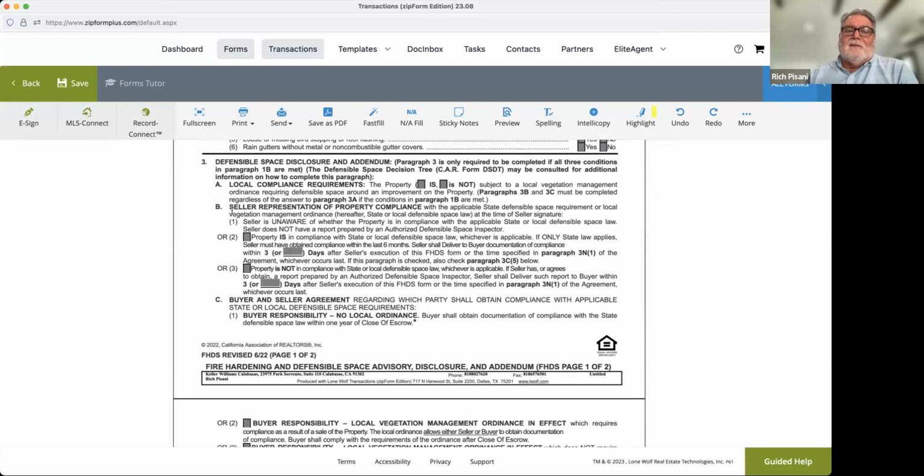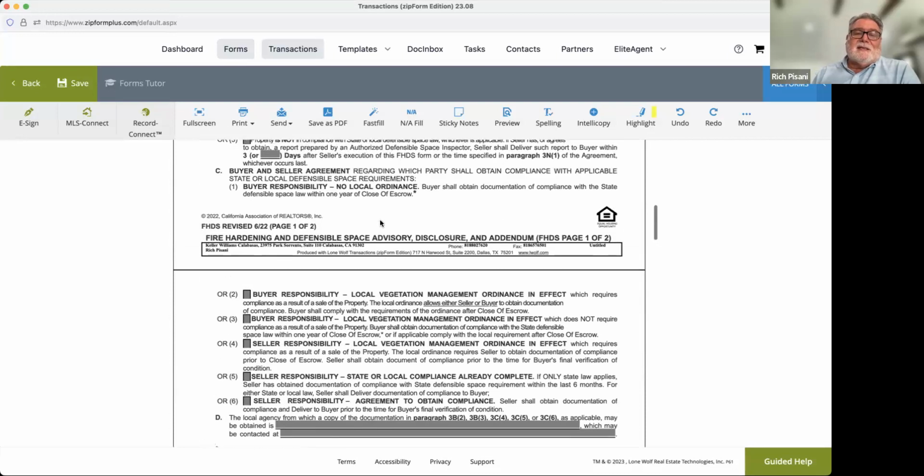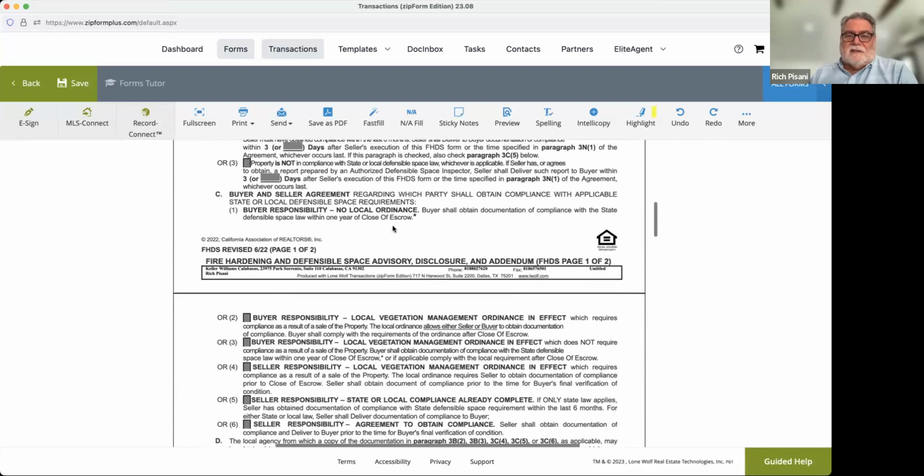Most likely you're going to leave 3B alone. Seller is unaware of whether the property is in compliance with state or local defensible space law, and the seller does not have a report. And then if there is not a local ordinance to clear brush, then you're going to leave C alone.